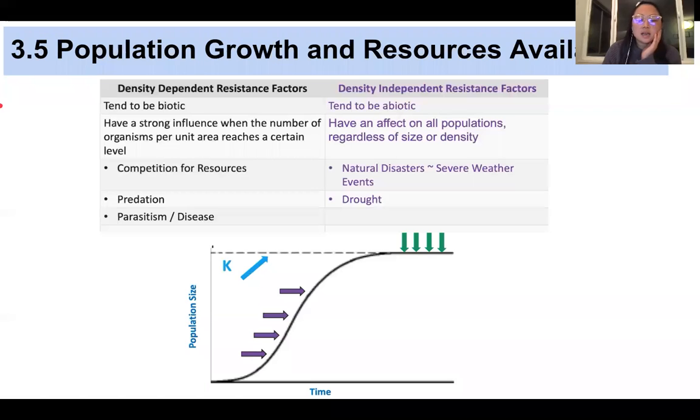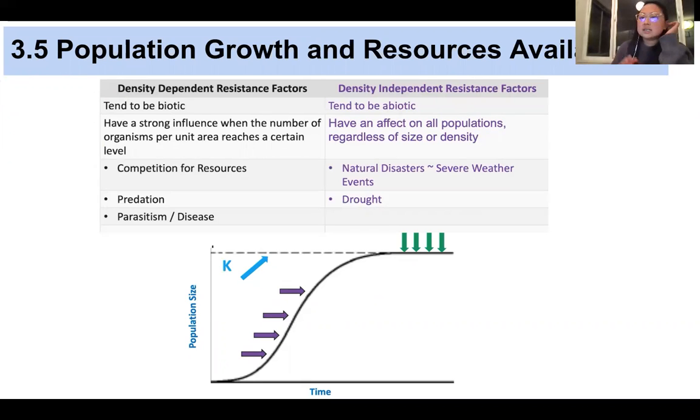In one of the videos, I took a screenshot because I thought this was a really good way to depict it. There are 2 different ways that an ecosystem's population is influenced: density dependent factors, and density independent factors.